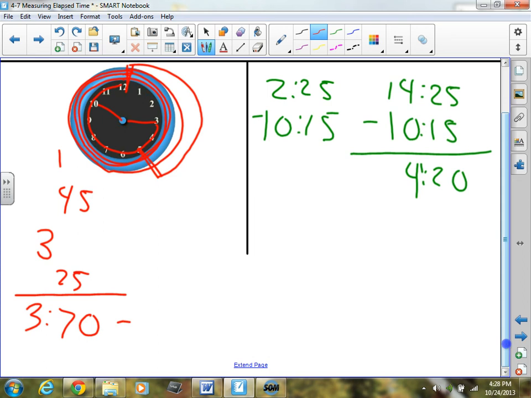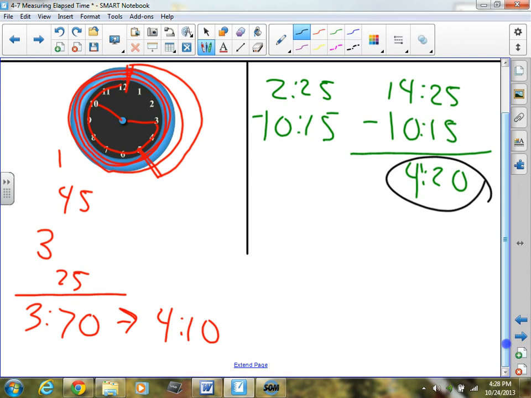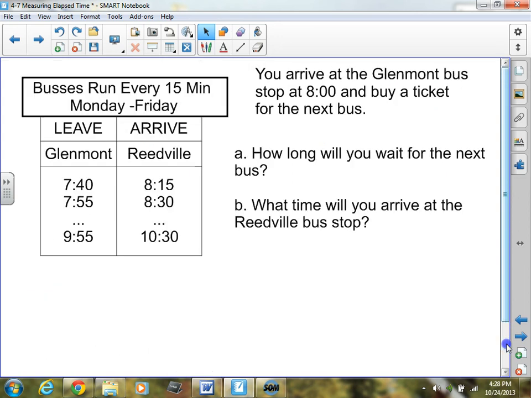I would say 4 hours and 10 minutes. And I did realize I made a mistake right here, didn't I? I should have put 10. 2 minus 1 was 10, not 2. That was my fault. So the answer is going to be 4 hours and 10 minutes. You see both ways work, but one way is a great deal easier.